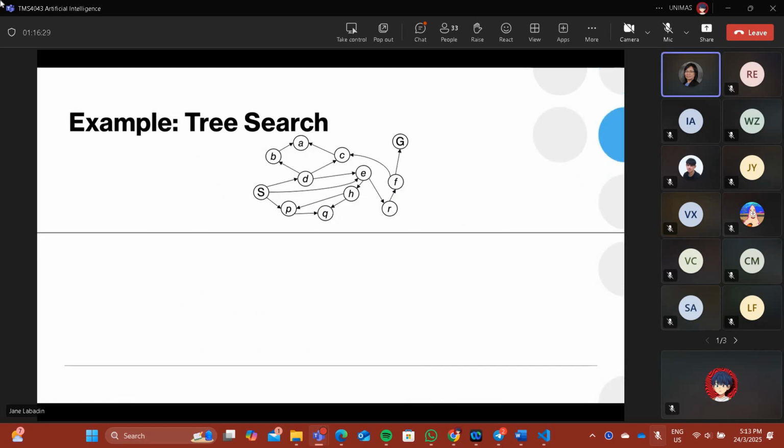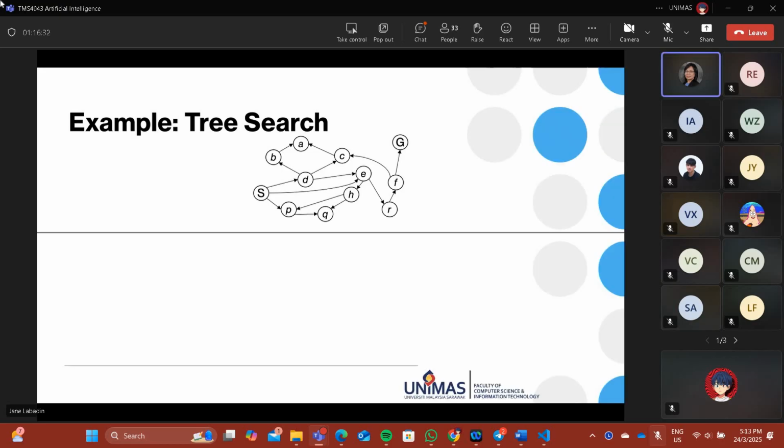Okay. So what's this? This is an example tree search. So we start off with S, and then we move. From S, you need to start from the initial.